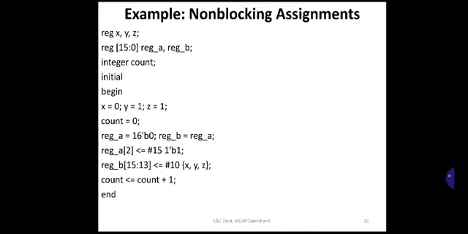If you compare with blocking statements, what would have happened if these were blocking statements? Reg A of 2 would be executed after 15 time units, but reg B 15 down to 13 would be executed after 25 time units in blocking assignments. But here, as it is a non-blocking assignment, it will not be executed after 25 time units. It will be executed only after the 10 time units. That means the previous statement, even though it is 15 time units, will not make it wait.